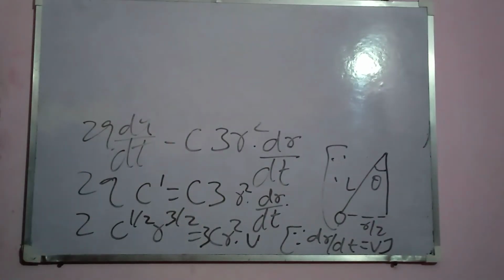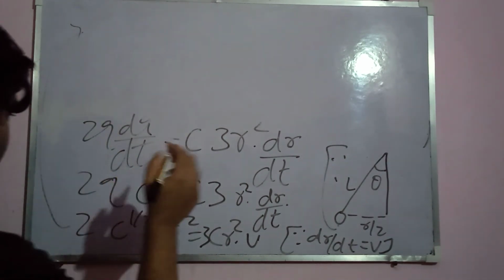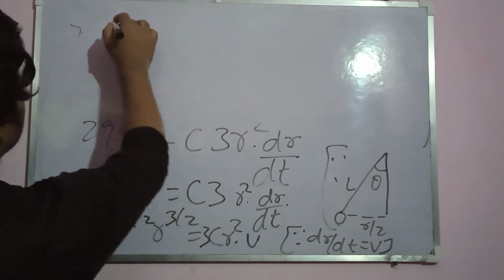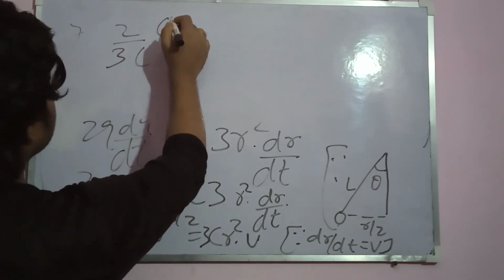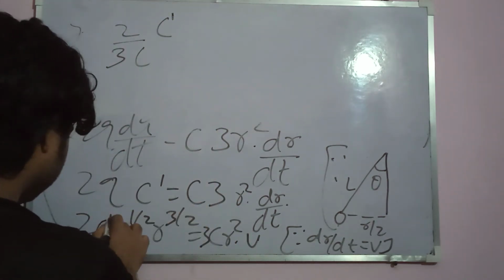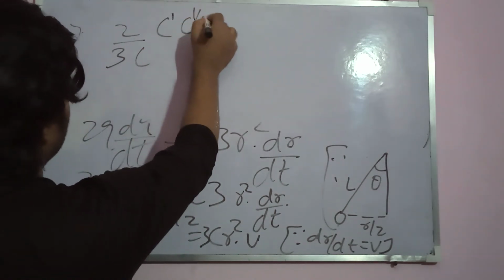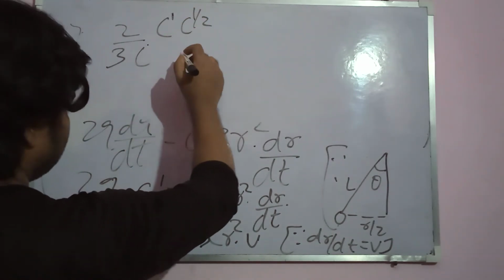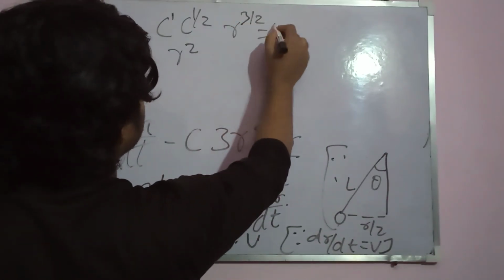There is one more constant here, c dash, and c power 1 by 2, that is c, and r square, and r power 3 by 2, that is v.